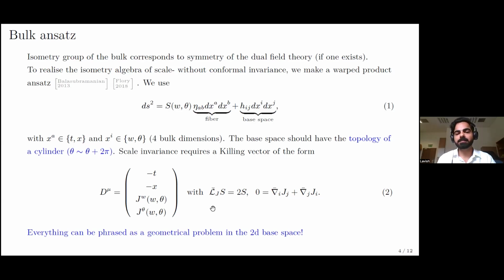And what we realize is that demanding scale invariance constrains the function s as in equation number 2, and the vector j is actually the Killing vector for the two-dimensional base space. So what we find is that our problem here in 4 bulk dimensions actually reduces to a geometric problem in the 2 dimensions of the base space.